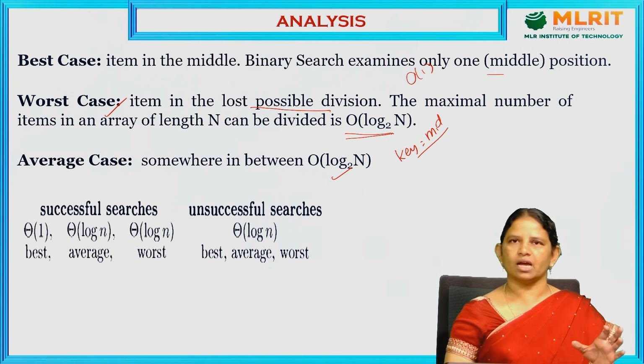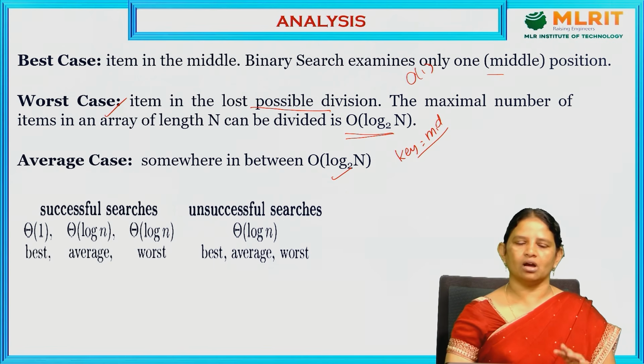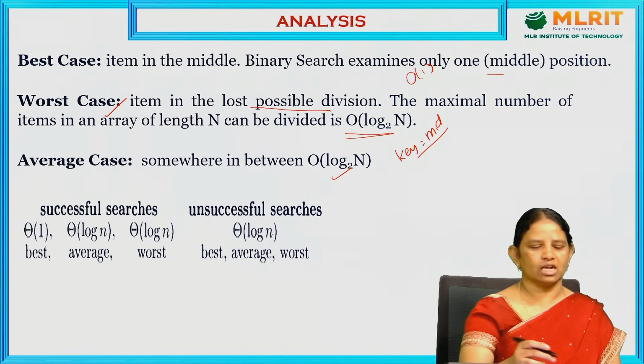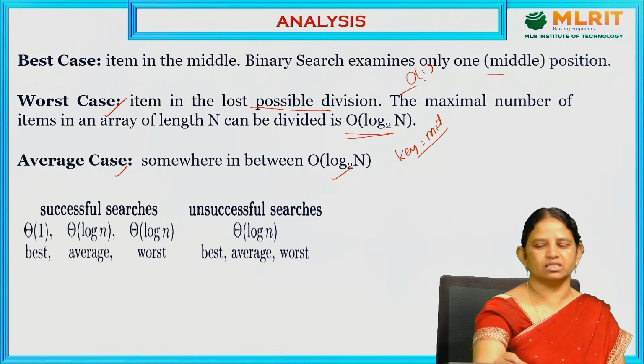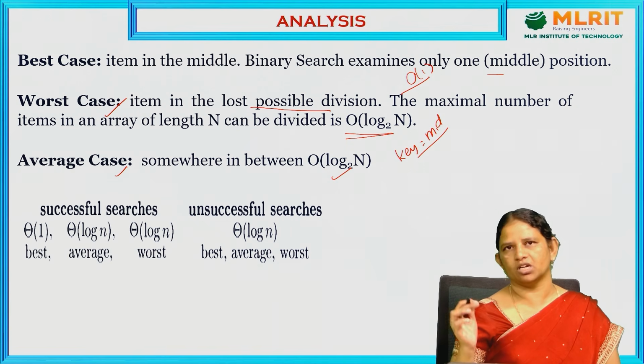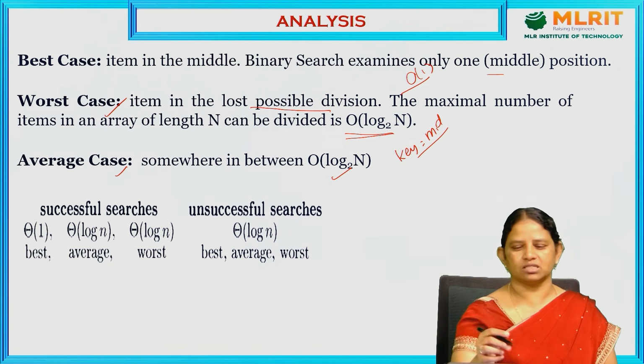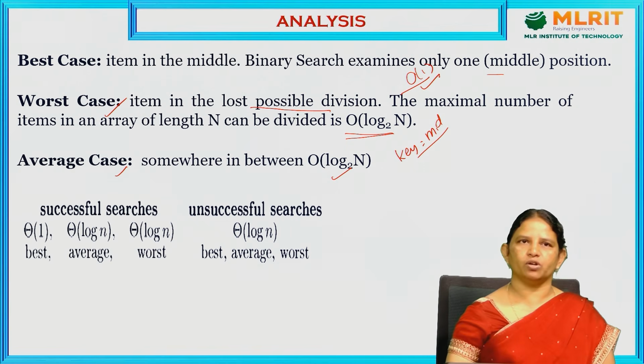If the element is somewhere in between the middle, we can call it the average case. To summarize, the best case is when the element is present at the middle position, only one comparison is required, and the time complexity is big O of 1.